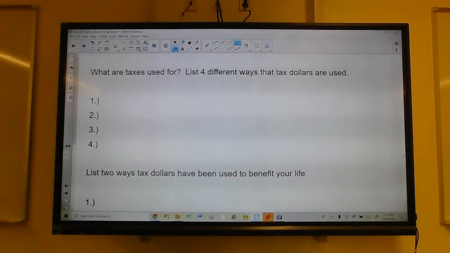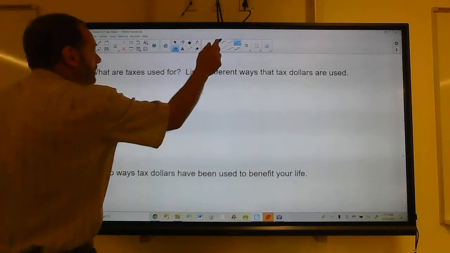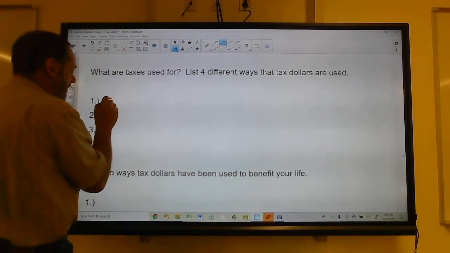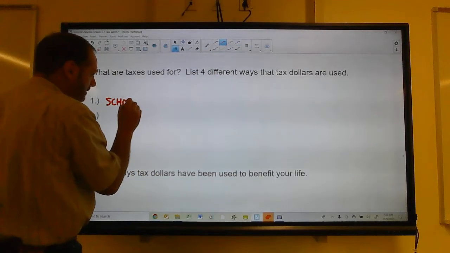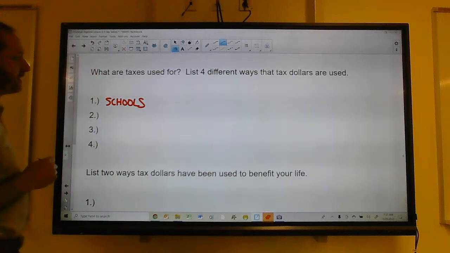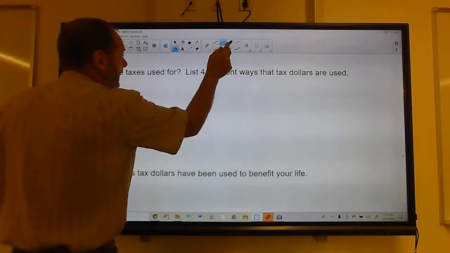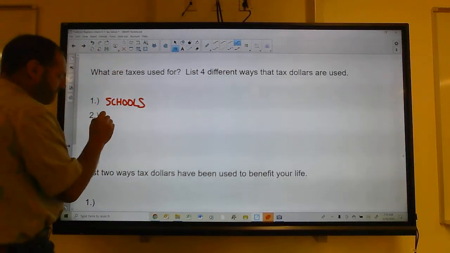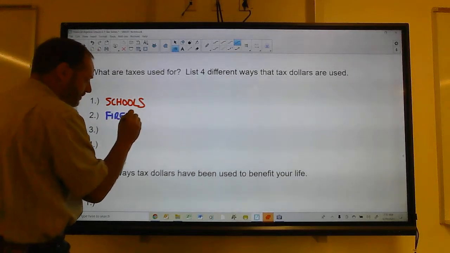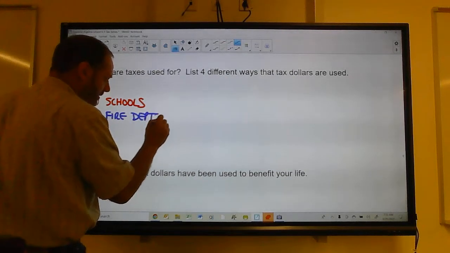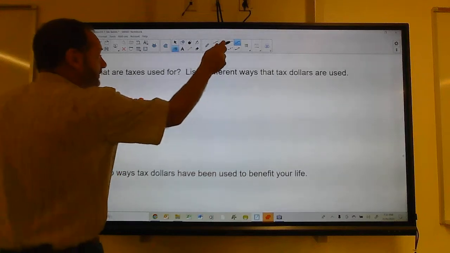What are taxes used for? Okay, so probably number one is schools. Next would be fire departments, police departments.